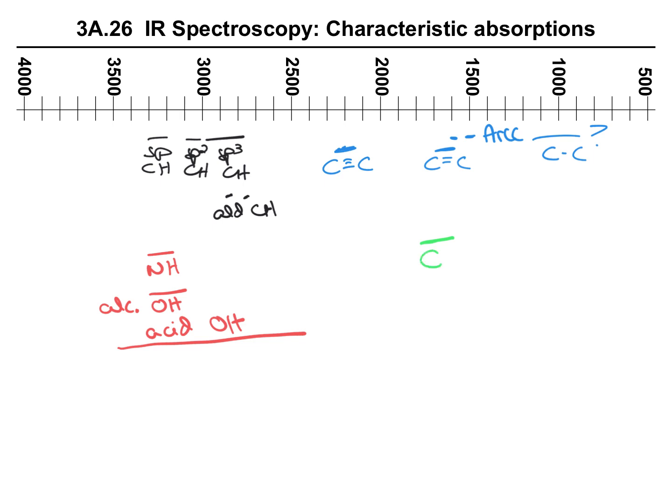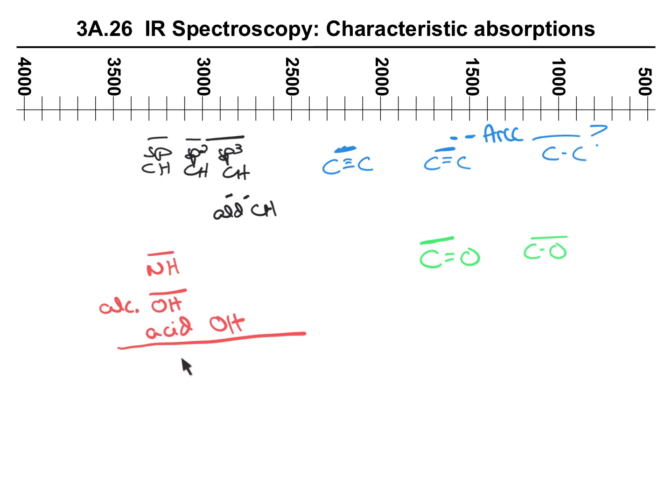Here is where we find our carbonyls. Oops, the way I've drawn it, it looks like it overlaps with the carbon-carbon double bond. Not really. These tend to be just a little bit lower, and so these are closer to 1650, whereas these are going to be closer to 1700. And we might also have a carbon-oxygen single bond around here as well.